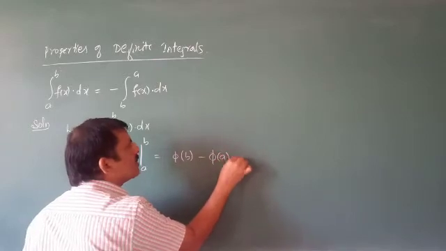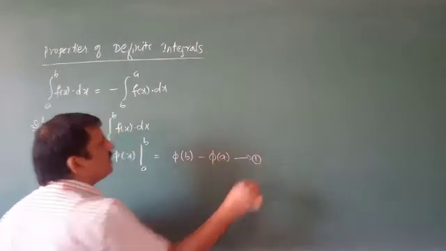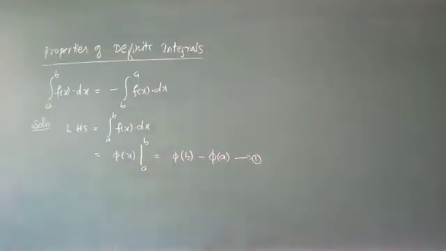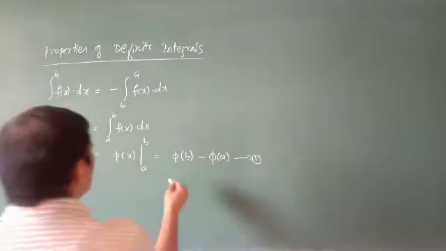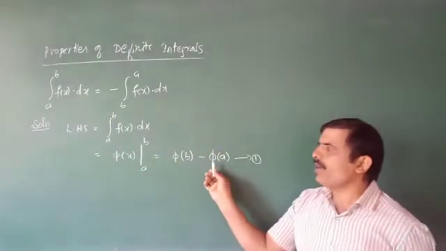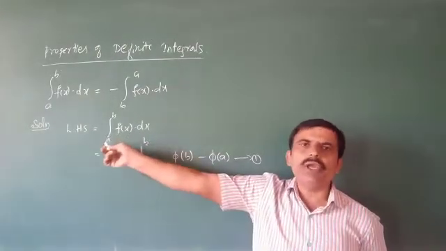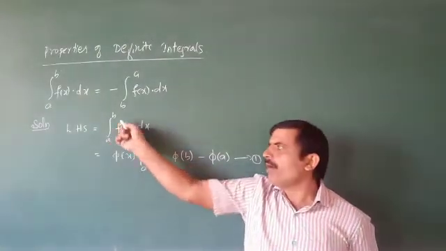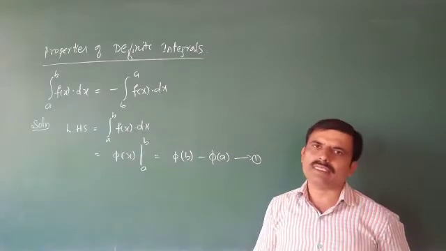That one is equation 1. So LHS is equal to phi of b minus phi of a, the solution of the integral from a to b of f of x with respect to x.